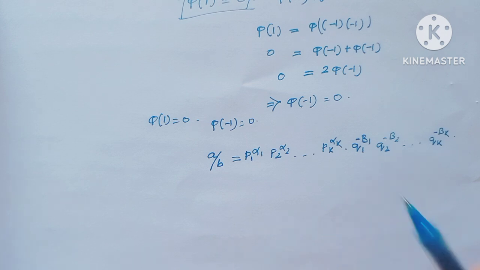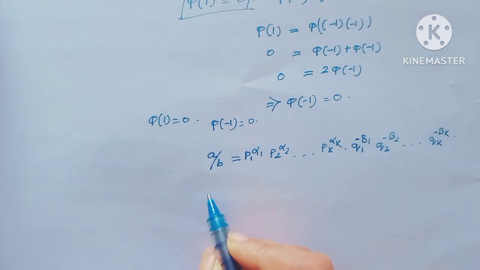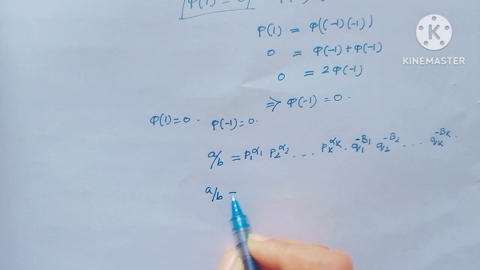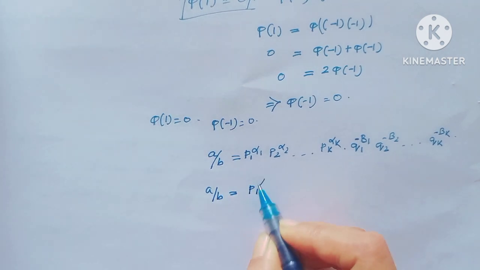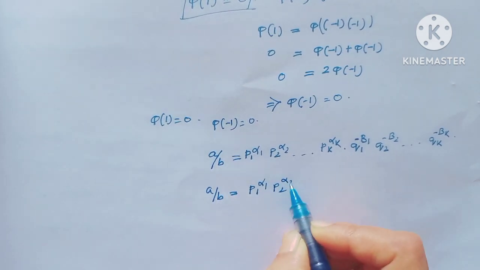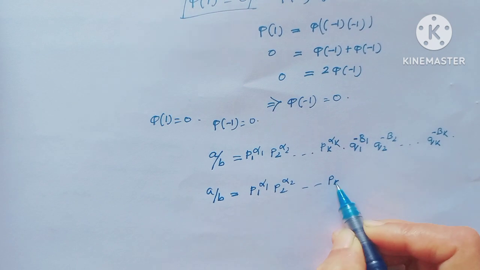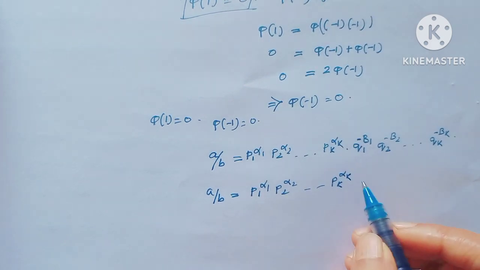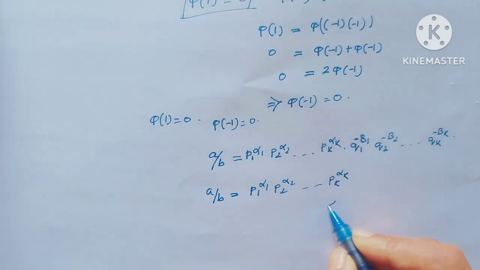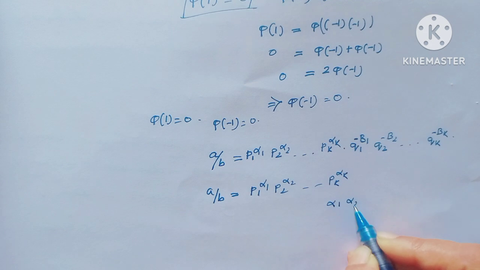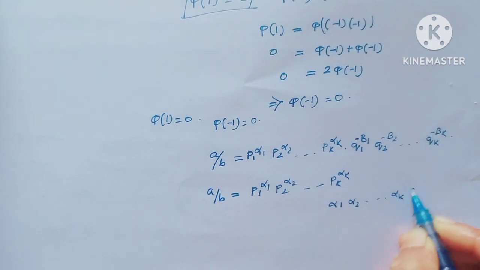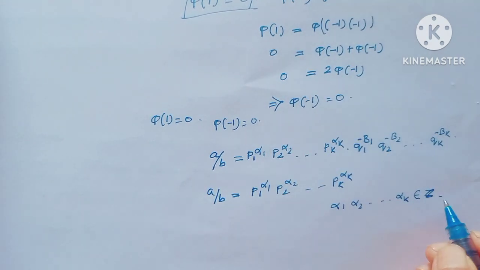Okay, so we can write A over B as P1 alpha 1, P2 alpha 2 up to Pk alpha k, where these alpha 1, alpha 2 up to alpha k belong to the integers. It may be negative or it may be positive.